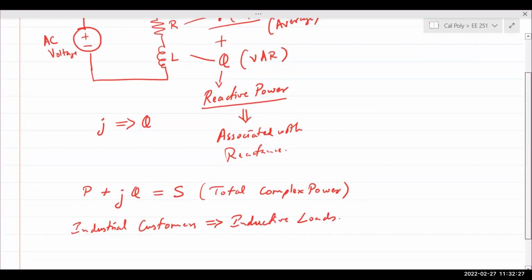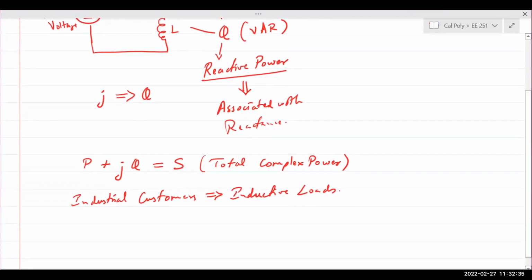So what happens is the utility company has to send P as well as Q over the transmission lines to the industrial customers. In an inductor, of course, energy flows in, and then when the negative cycle comes around, the energy flows out.